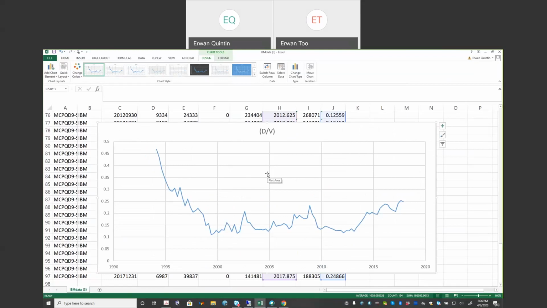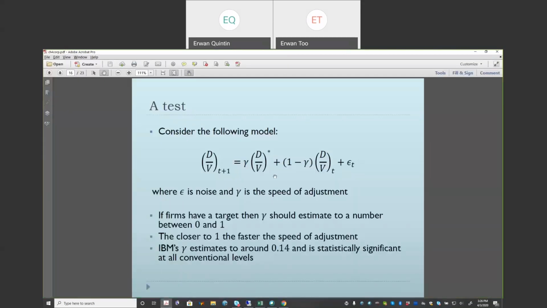And again, I look at those data and what I see is a long-term tendency to return to a long-term average. And the formalization of this is what you see on my slide here, which is that today's leverage ratio is a weighted average of the most recent past and my long-term target, together with some shock.